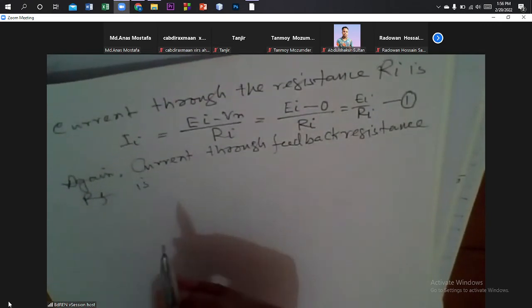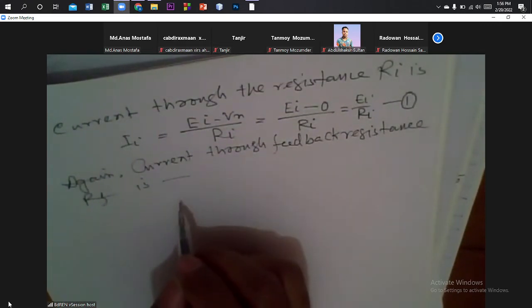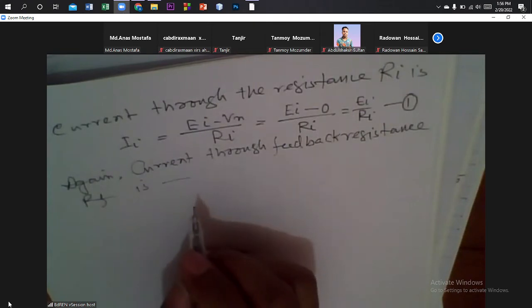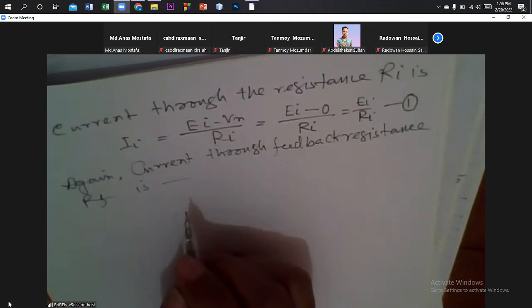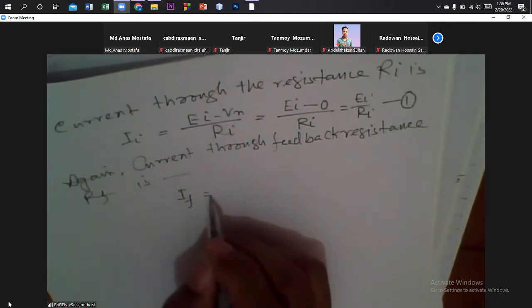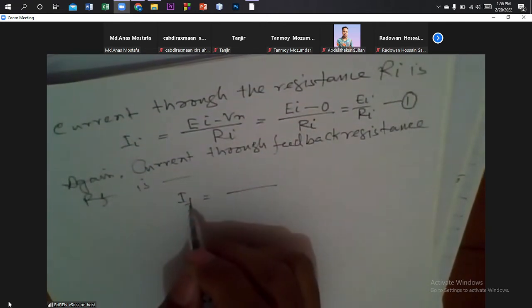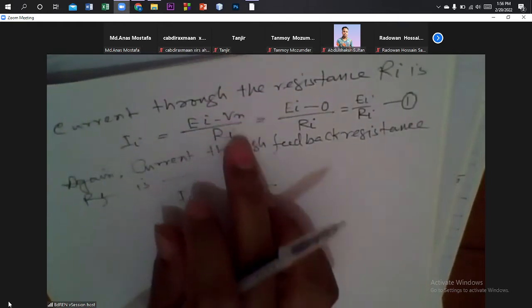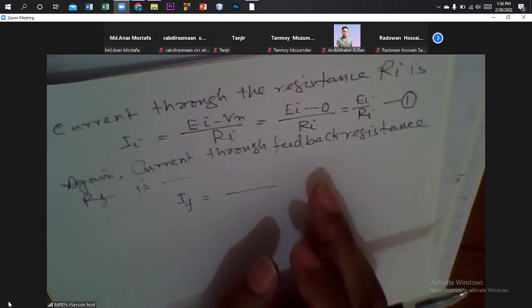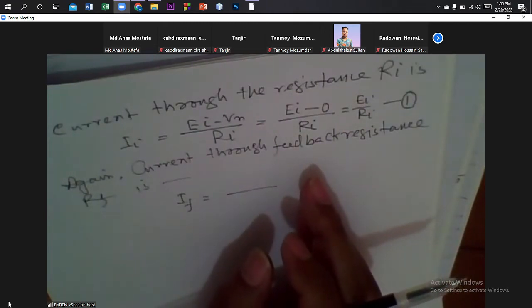What is the current through feedback resistance RF? See in the figure. The current is IF. And what will be the value of IF? First find the voltage at the two terminals.